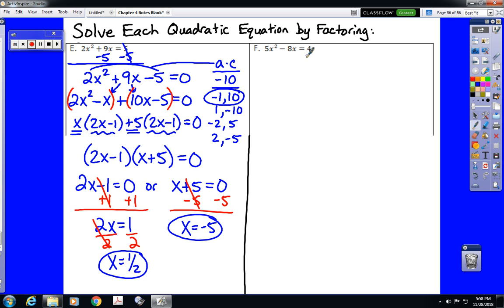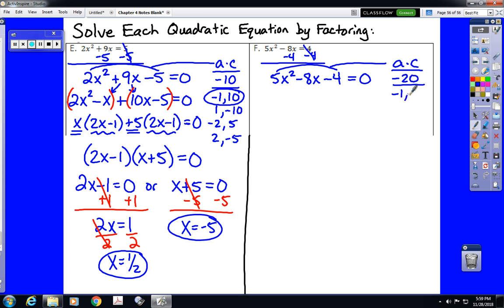Moving on to letter F, same idea. We need it to equal 0. So we start by subtracting 4 from each side, which gives us 5x squared minus 8x minus 4 equals 0. We do a times c, which would be -20. And we look at the factor pairs of -20.